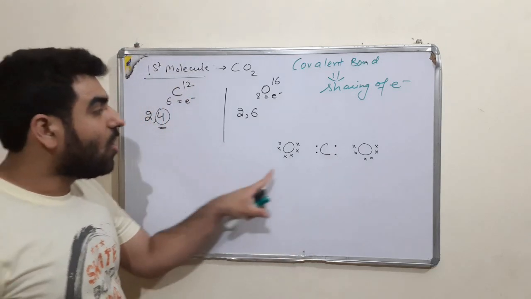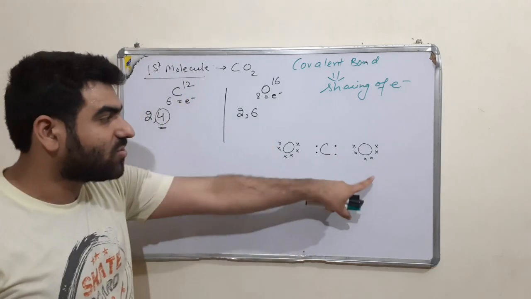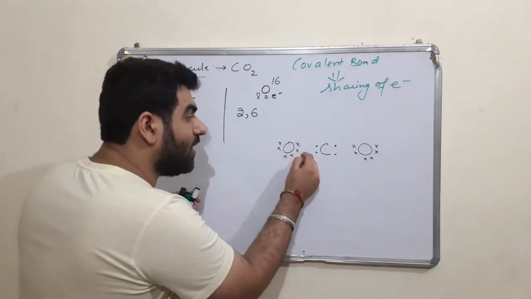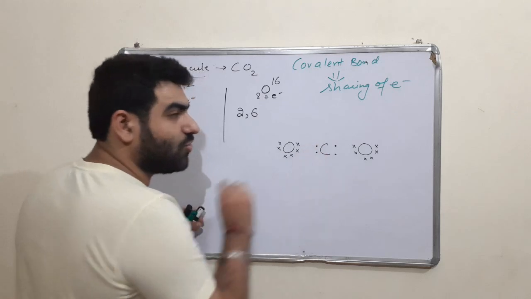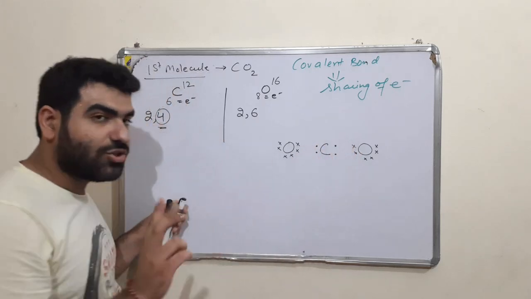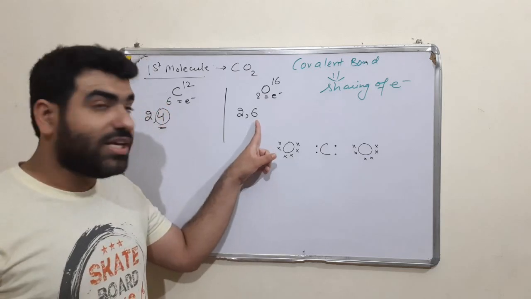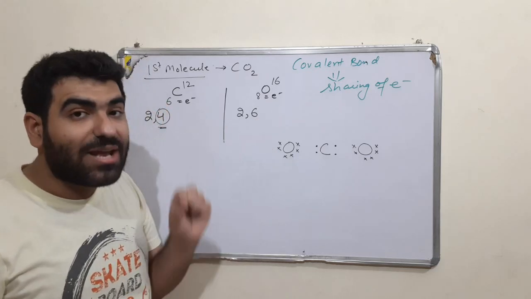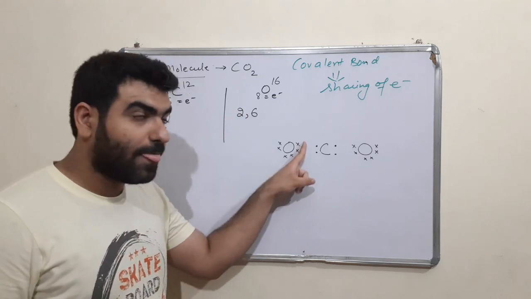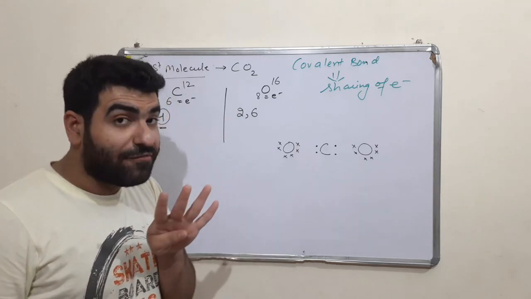Oxygen is 6 on both sides. Oxygen is sharing these 2 electrons, carbon is sharing these 2, and again carbon is sharing these 2 with the other oxygen. So how many electrons are being shared by one atom of oxygen? 2. And in totality, how many? 4.